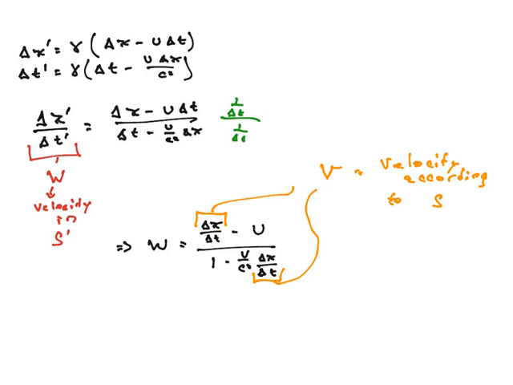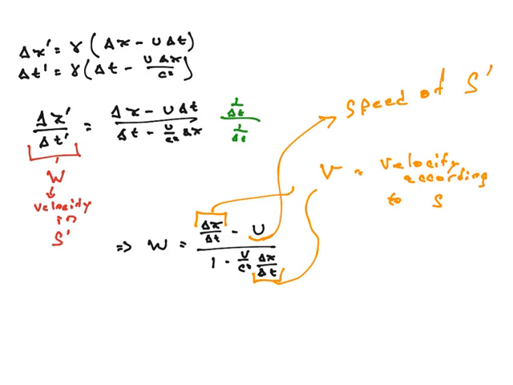And u, as I said before, this is the speed of S prime. So w is how fast the bullet is moving inside of my reference frame S prime, whereas u is the speed of the actual primed frame itself.